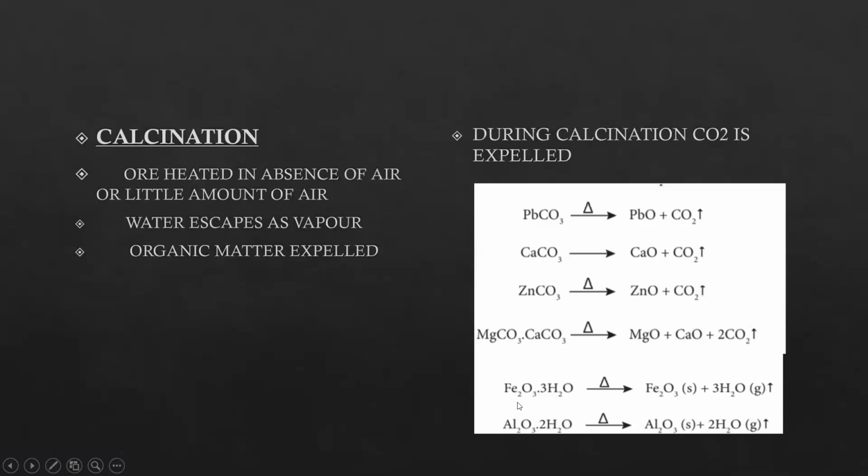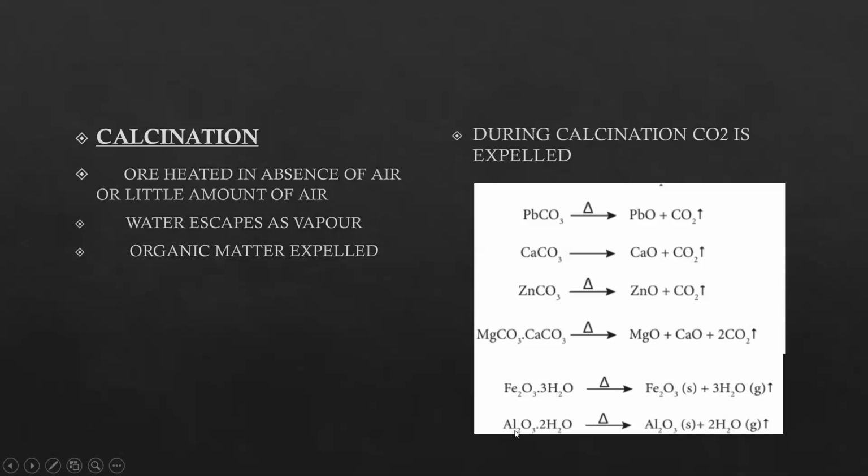See the next example here, Fe2O3 iron oxide dot 3H2O. Here H2O is present along with that ore, so we call it the water of crystallization. So this ore looks like a crystal. While heating, the water molecules go out in the form of vapor.